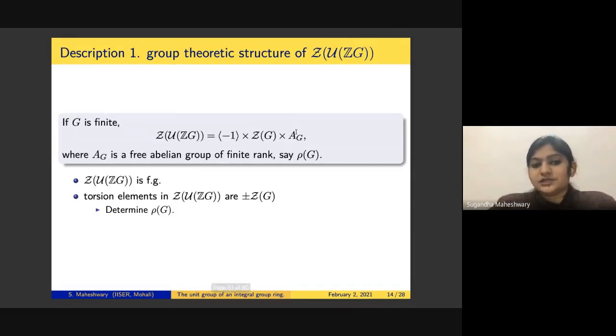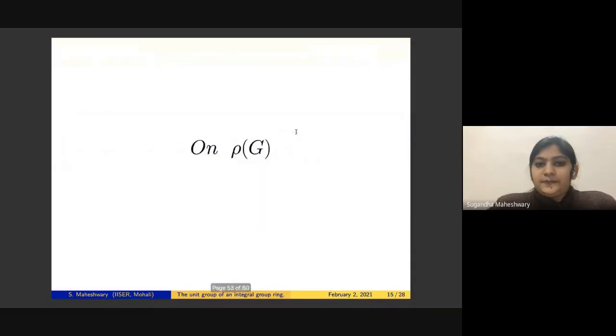So the problem reduces to determining the rank of this group, and can you find the generators of AG? Can you write down a basis, which I'm denoting here by SG, for this torsion-free abelian group? Okay, so let's see what results we have, what progress we have, firstly on the rank, and then I'll talk about the basis and some other things.